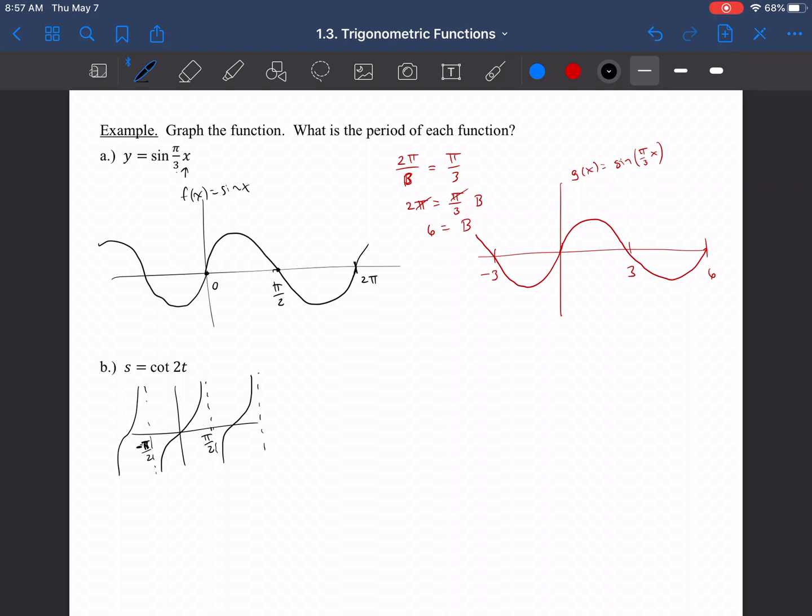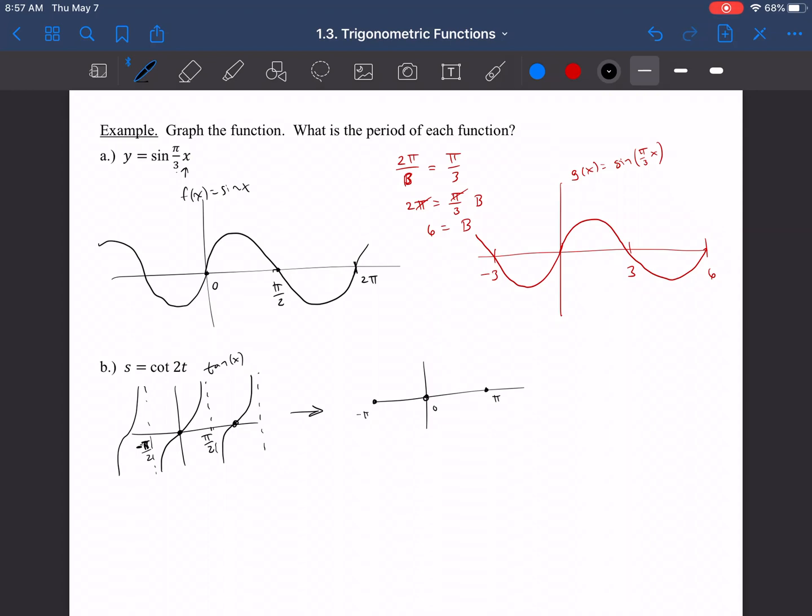Now, how do we get the cotangent graph from this? So this is tangent x. Cotangent, we do the reciprocal graph, which means we take everything that's a 0 here at 0. This is at pi. So at 0, at pi, those zeros, and over here at negative pi, those become asymptotes.